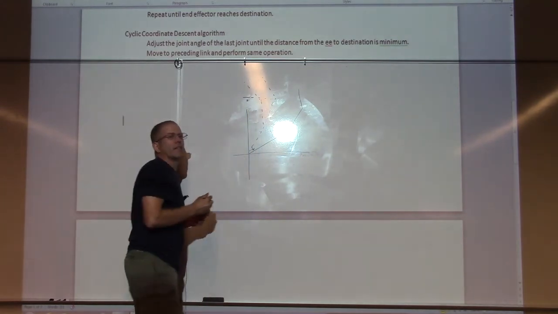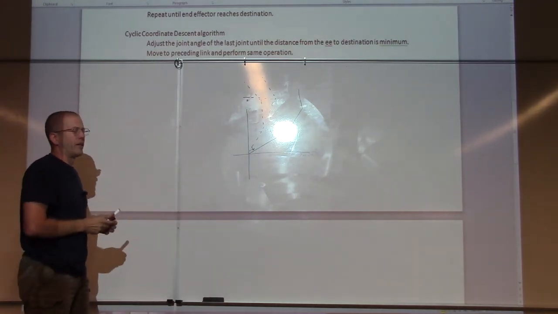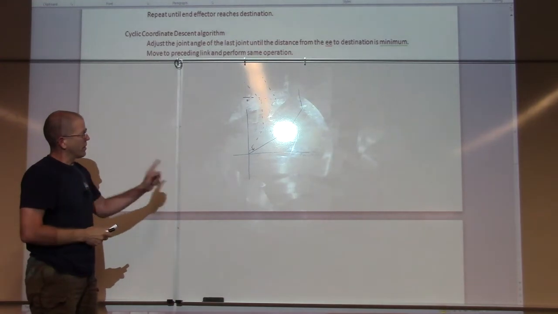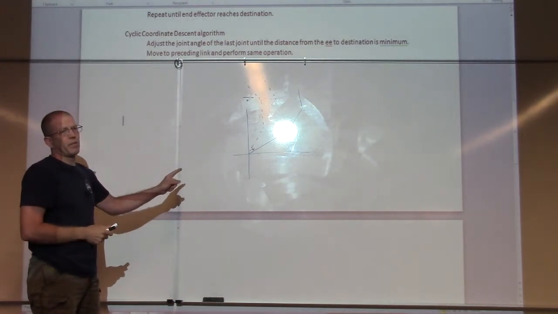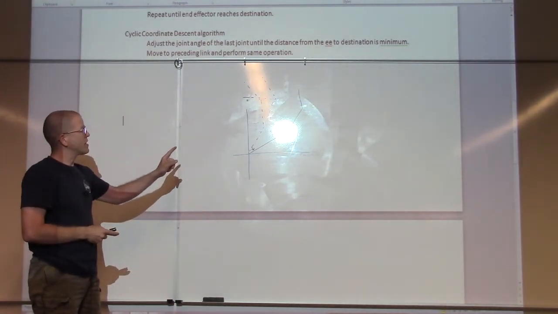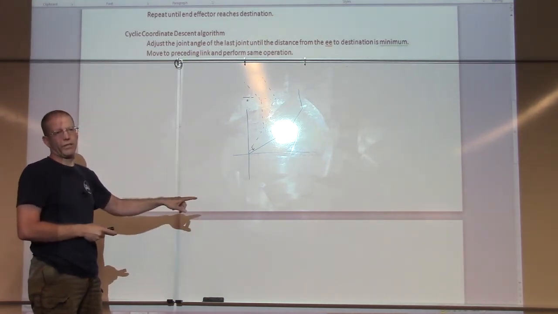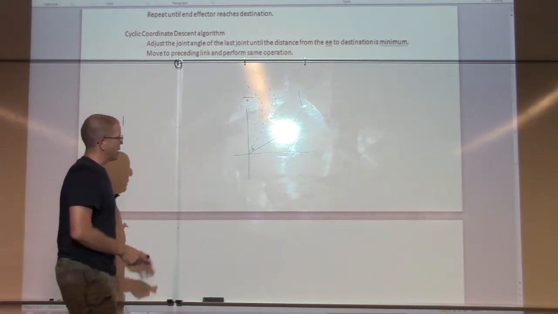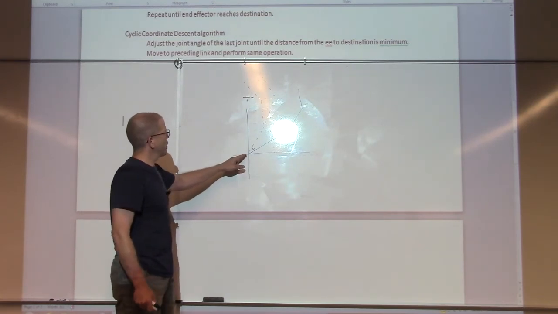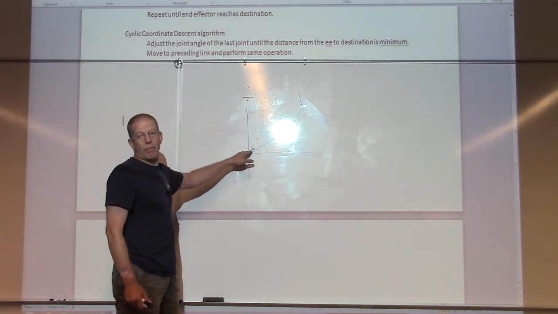I guess that makes sense. You'd want to position that end effector first. Right. So ultimately, this makes sense. This process does tend to require more iterations in order to arrive at that destination location. And it's because you're pretty much guaranteed to have to adjust that base angle multiple times.